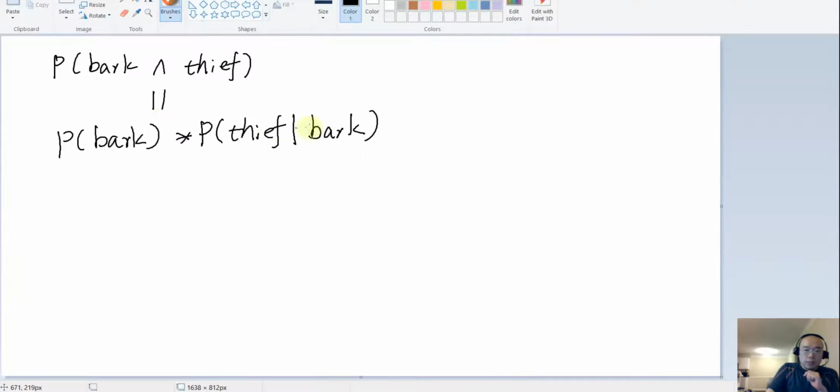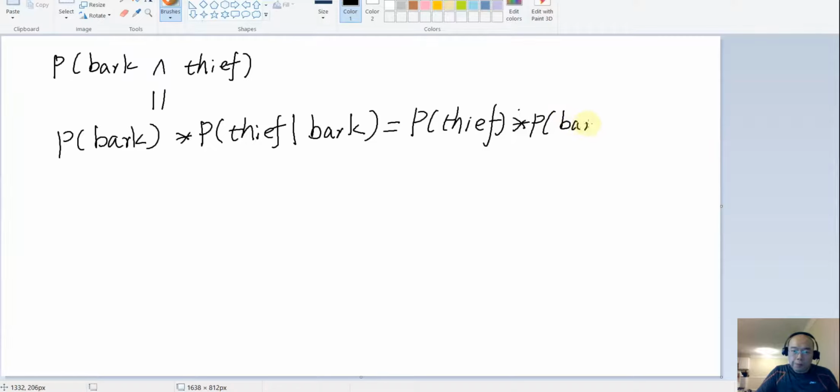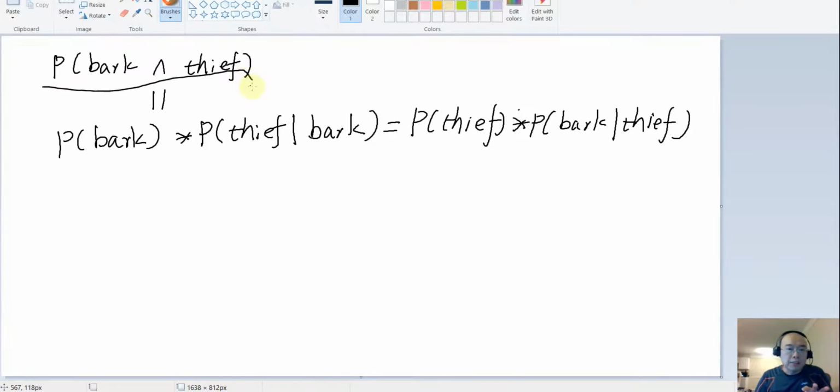This also equals the probability of a thief multiplied by the probability of the dog bark given the thief is really there. Do you see how it works? The probability of the dog barking and there really being a thief is the joint probability.